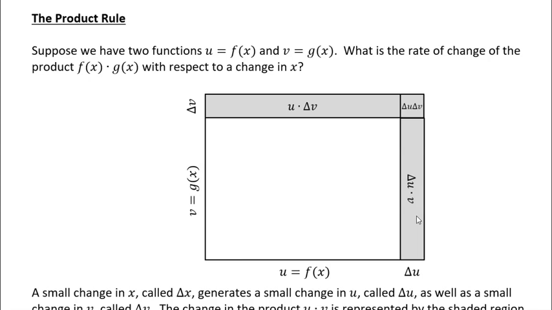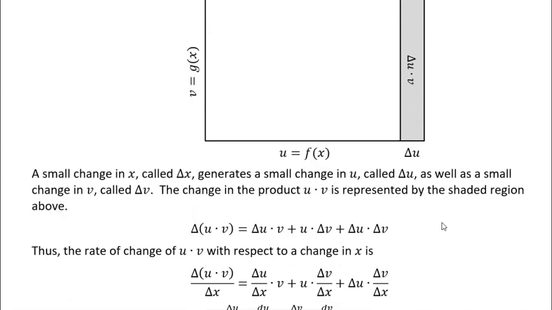All right. Now, average rate of change is the change in this function, which is a product. It's the change in the product f of x times g of x over the change in x, right? And so we can represent the change in the product as delta u times v plus u times delta v, and then plus that little corner, delta v times delta u.